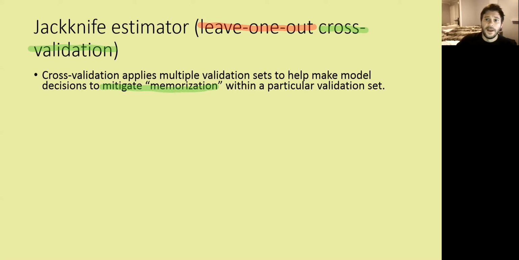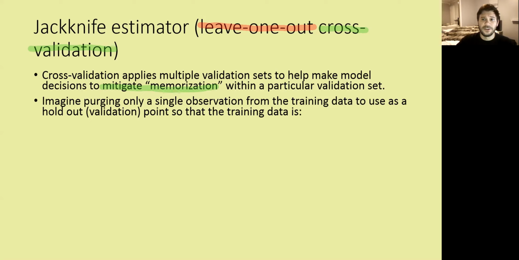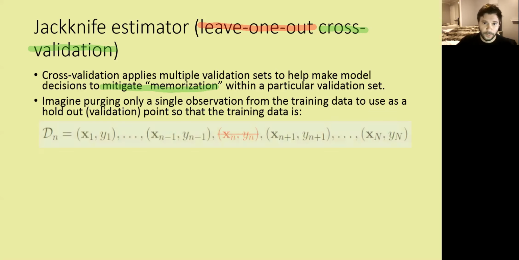So the way the jackknife estimator works is the following. Imagine taking your data set and we use every observation except for one. We use n-1 observations to train the model. And then we take this one observation that we left out, and we calculate our prediction error on just that one observation.